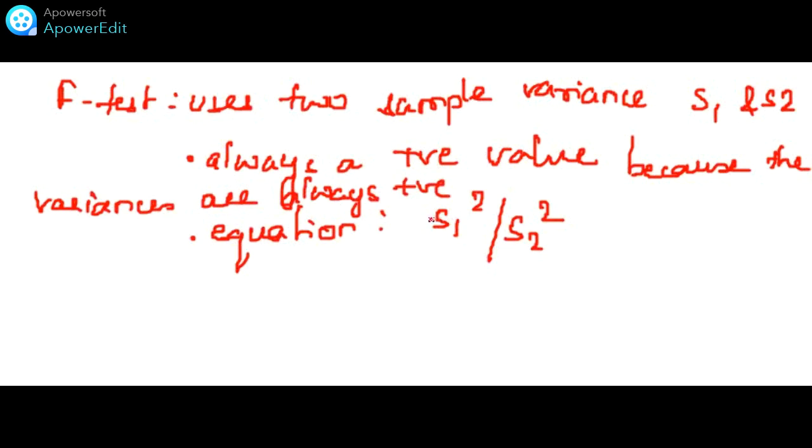The equation is represented by S1 squared divided by S2 squared, where S equals the sample variance.